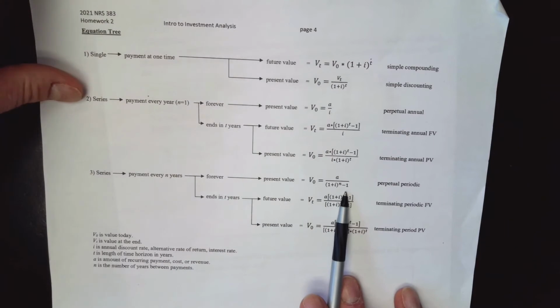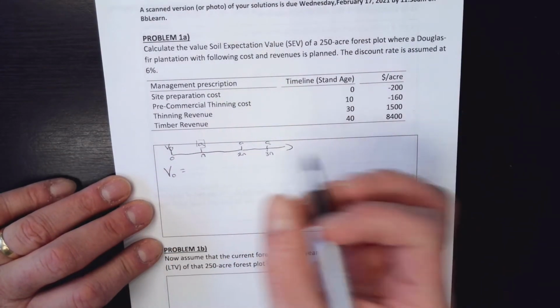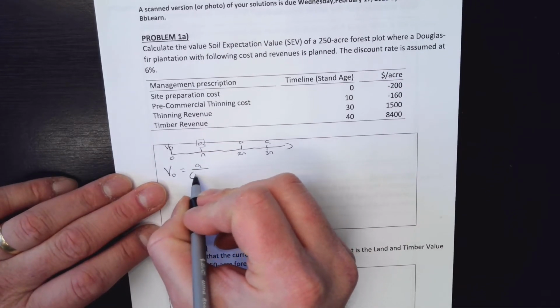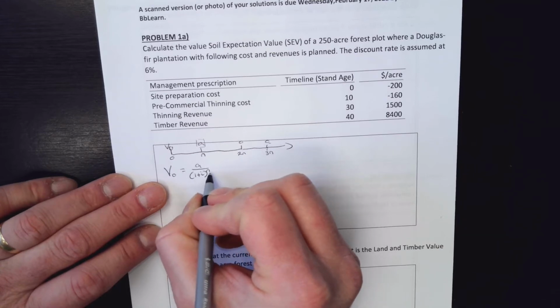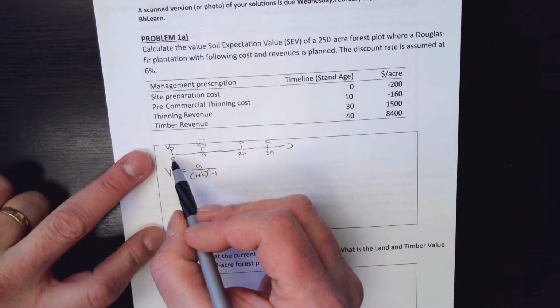It is this perpetual periodic equation. So our V0 is going to equal A over 1 plus i to the N minus 1, and if we apply that, it solves this value here.